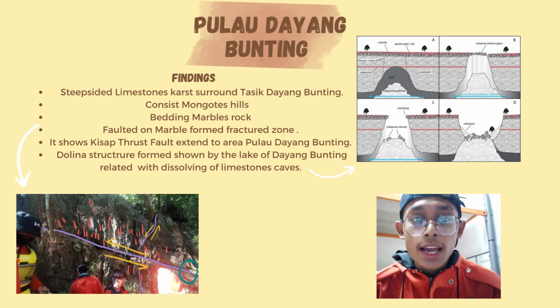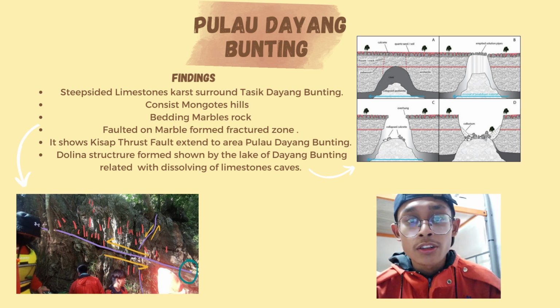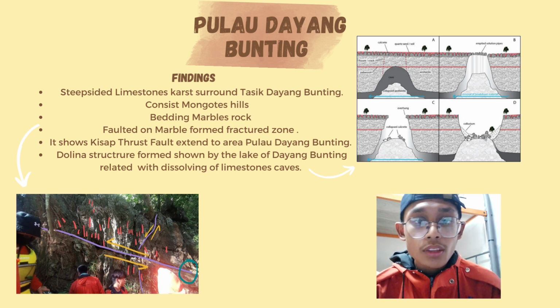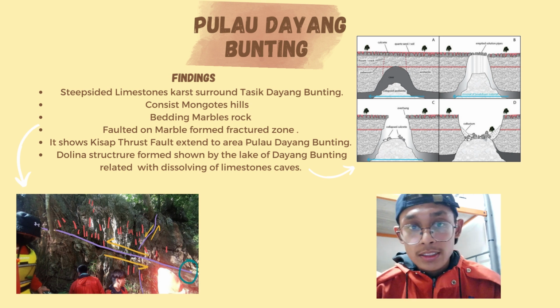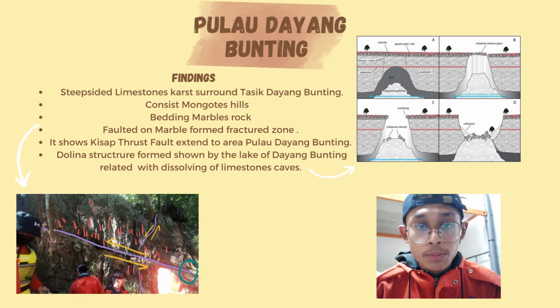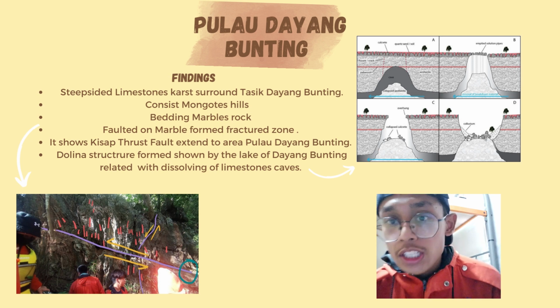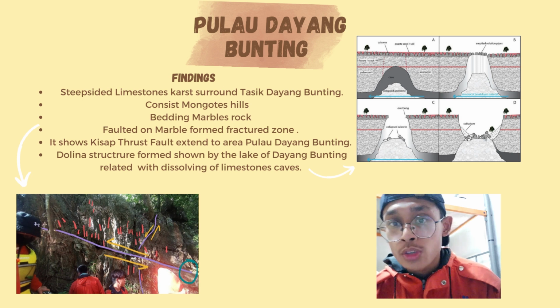As you see in the picture, the color indicates the fault plane, the fracture zone, and also the arrow of the fault. The picture has two faults, one at the top and one at the bottom, as you can see in the purple color. It shows a thrust fault extending to the area of Pulau Dayang Bunting.